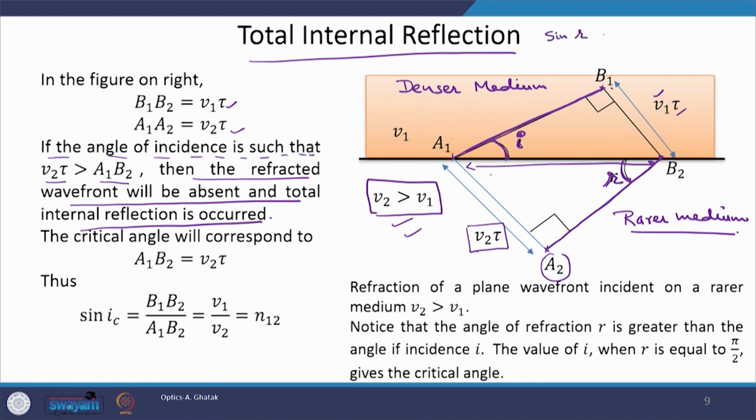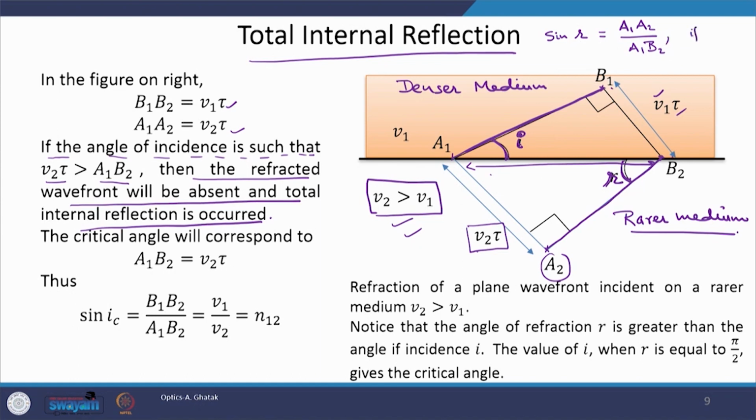Let us take sine of r, where r is the angle of refraction. Then sin r would be equal to A1A2 by A1B2. This is from the figure. Now, if we want V2 tau, or A1A2, to be larger than A1B2, then what will happen?